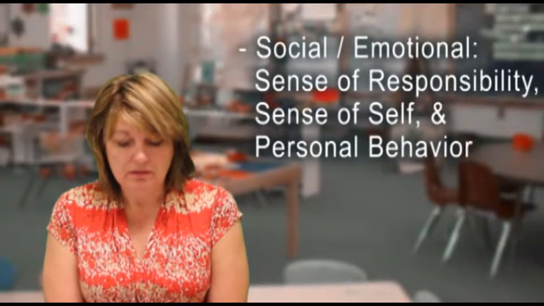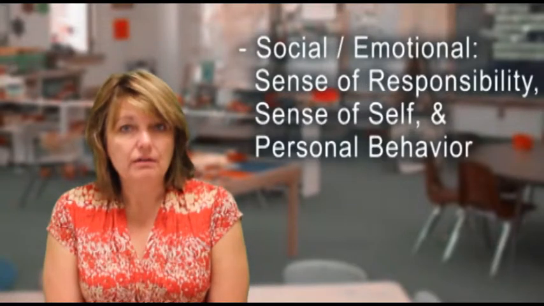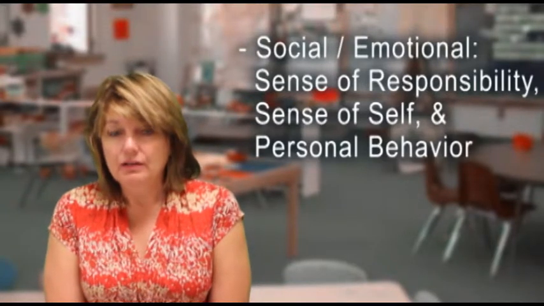When you look at the child's social and emotional development, you're looking at their sense of responsibility, their sense of self, and their pro-social behavior. And you're looking at that throughout the year. This document helps you realize, oh, I haven't documented Susie or Johnny for 3 months. I need to get something in that area, so I need to be observing this particular domain for this particular child.